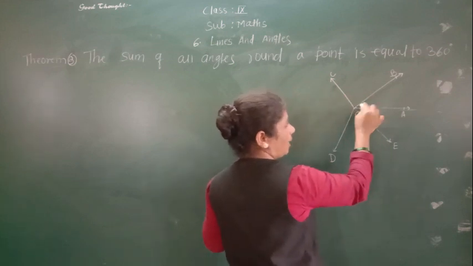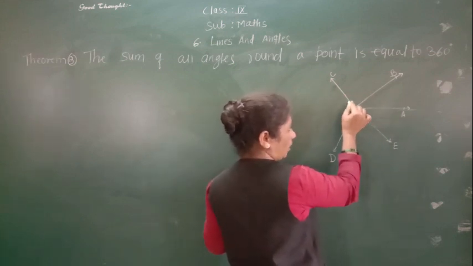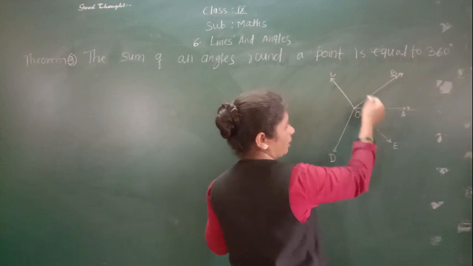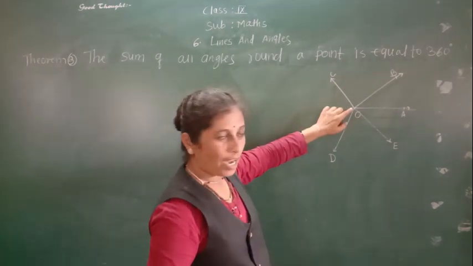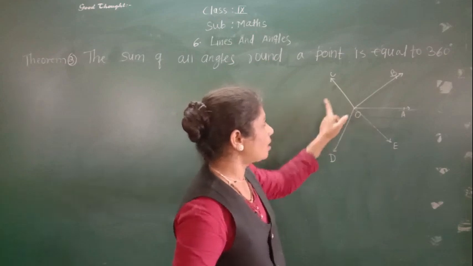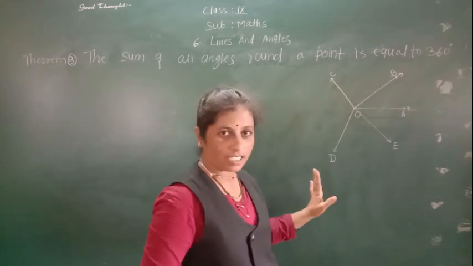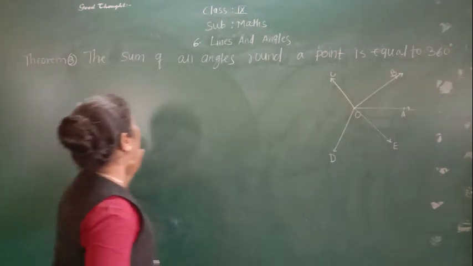These 5 angles are around point O, and we have to show that the sum of all these angles is 360 degrees. Understood?